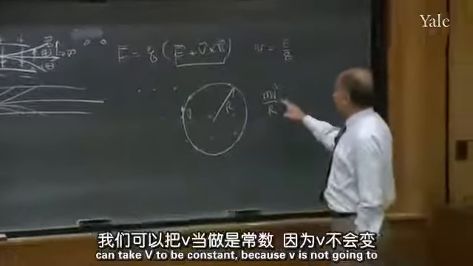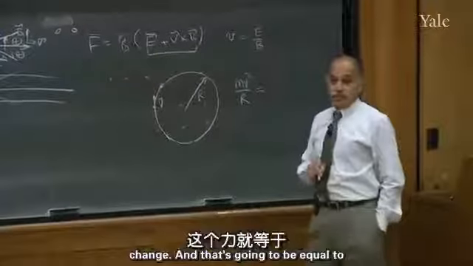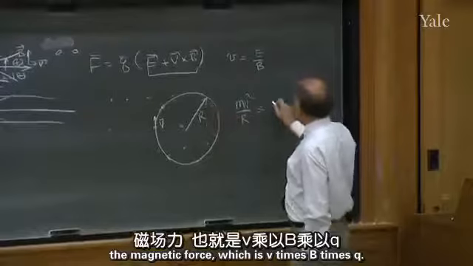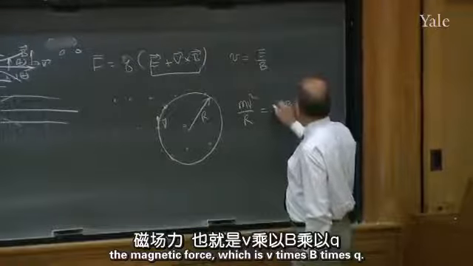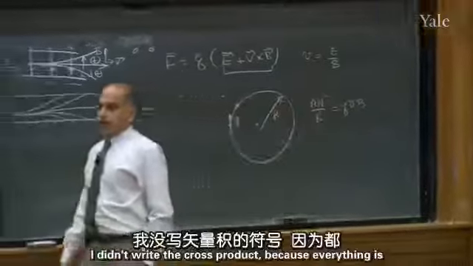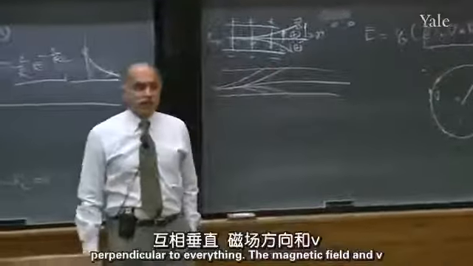And we can take v to be constant because v is not going to change. And that's going to be equal to the magnetic force, which is v times B times q.